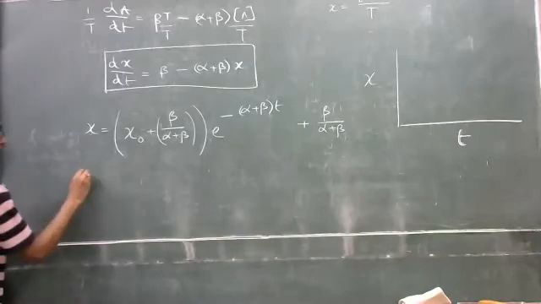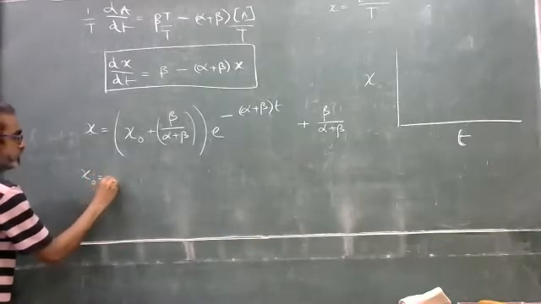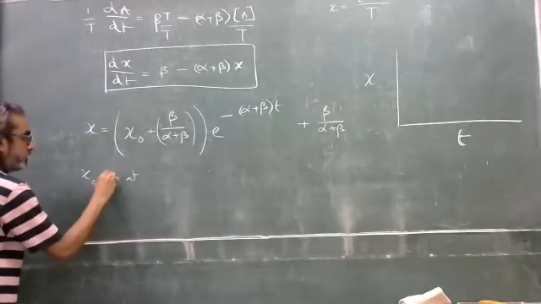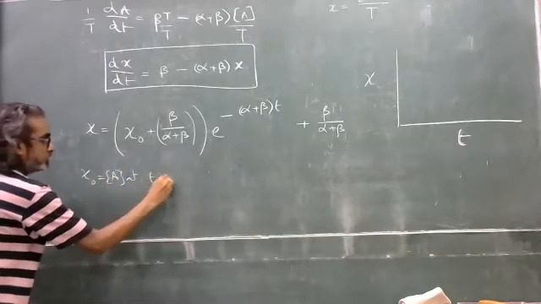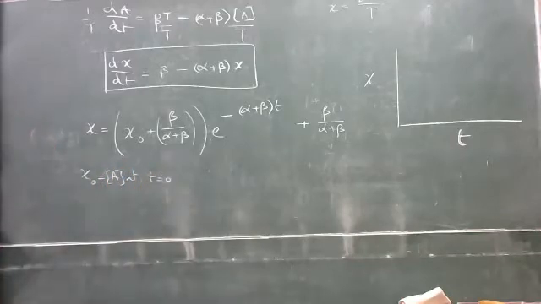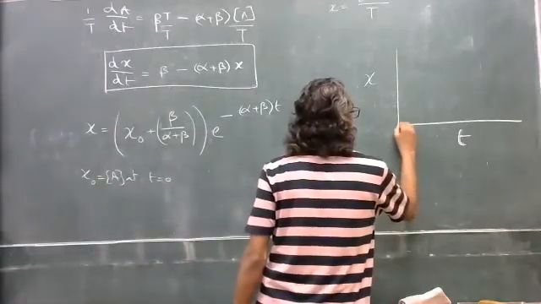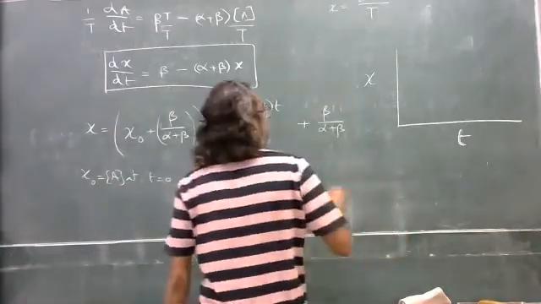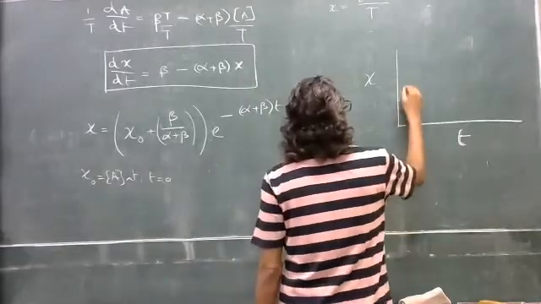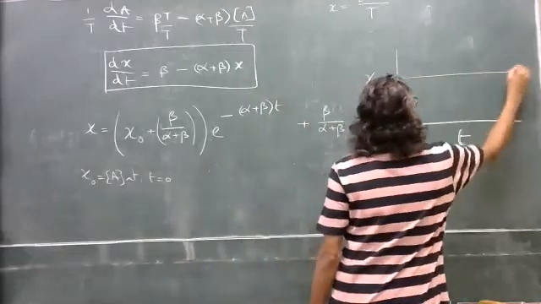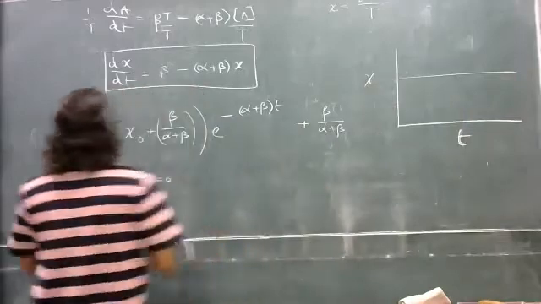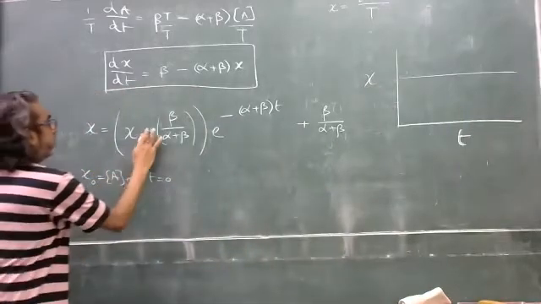So x0 is equal to A at time 0. So if you plot, what you will find is that, this should be a minus sign here.